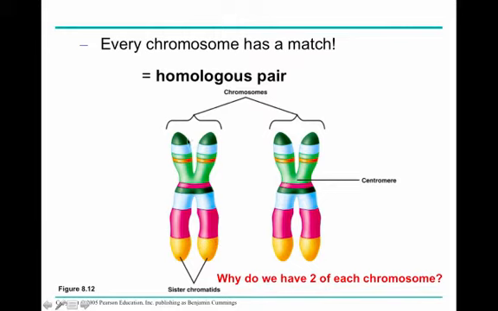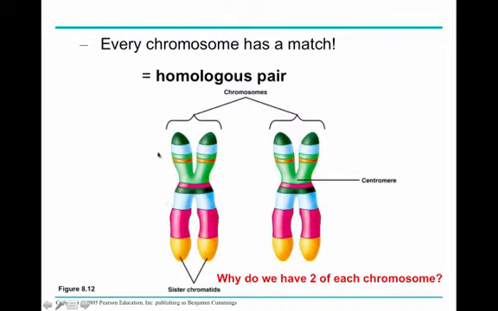So this chromosome here is shown already duplicated with its sister chromatid, and we have another chromosome that also is duplicated with its sister, and they have similar size, similar placement of the centromere, the same types of genes indicated here by these different colors located along the length of the chromosome. And the question is really, why do we have two of each? Where did we obtain each of these?